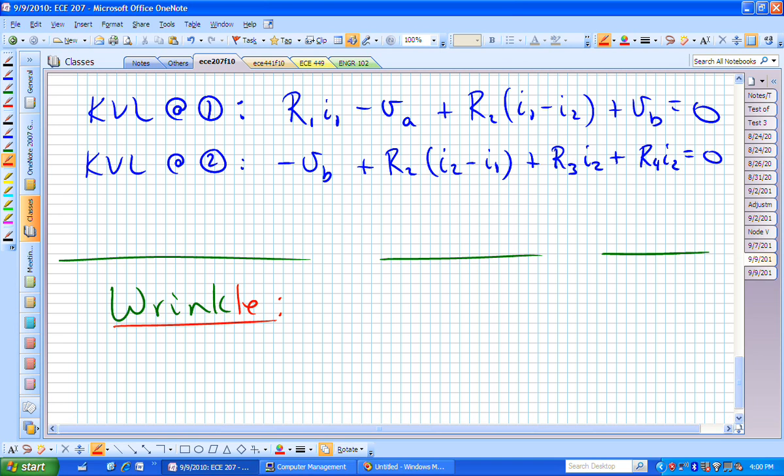Question? When you're writing standard form, is it always going... Okay, so the question was, if you're writing standard form, could you have voltages and currents on the right-hand side? If we are writing mesh equations, what's on the left? R times I, voltage, right?